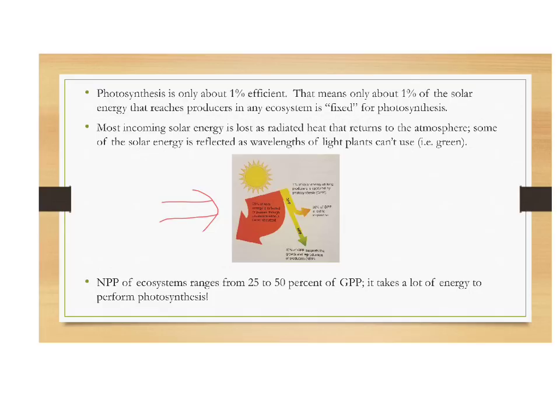I literally snapped a photo of it, made it into a little PNG, and stuck it in here. I liked it because if you look at the size of the arrows, they're proportional. Do you see this very, very large fat red arrow that I'm pointing to right here? This arrow says 99% of solar energy is reflected or passes through producers without being absorbed.